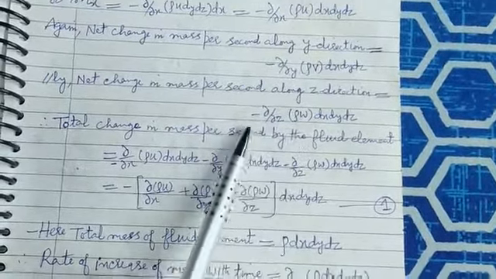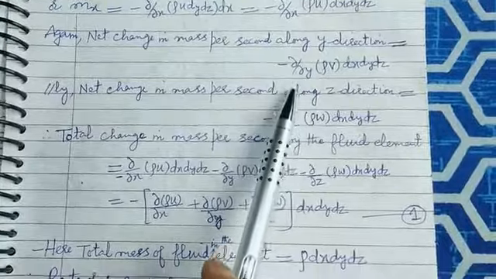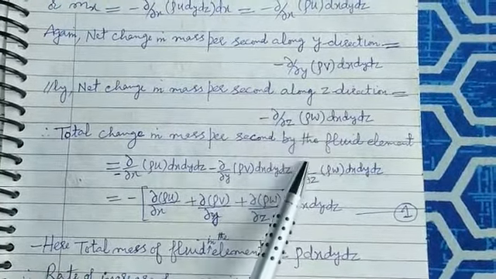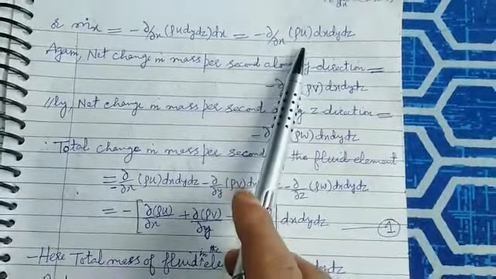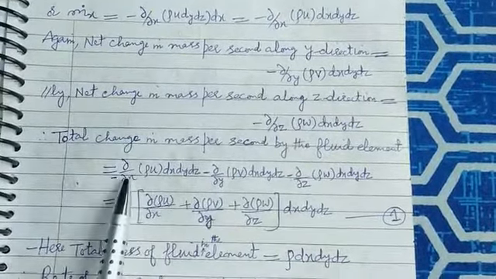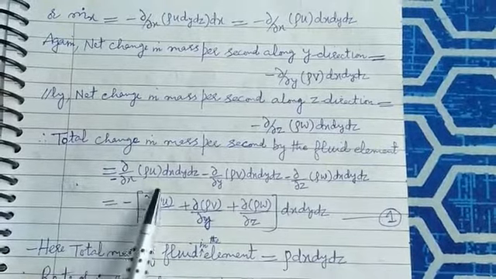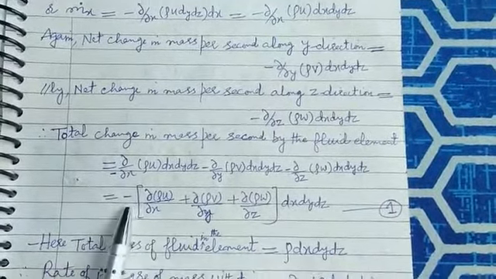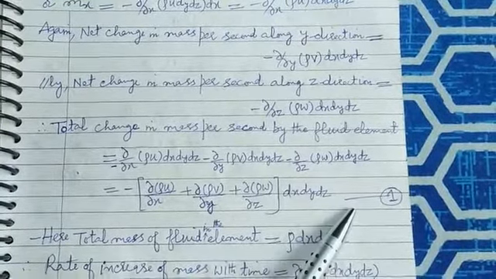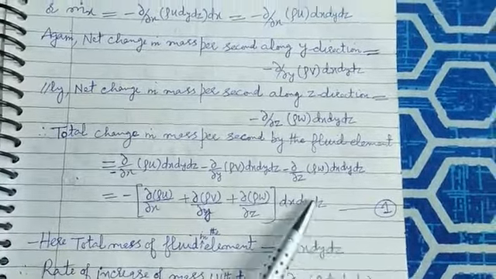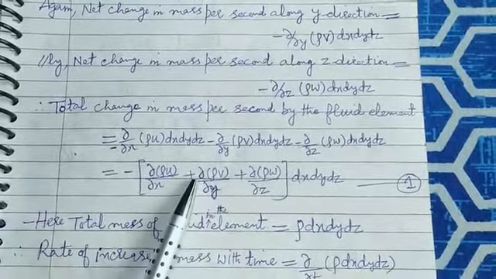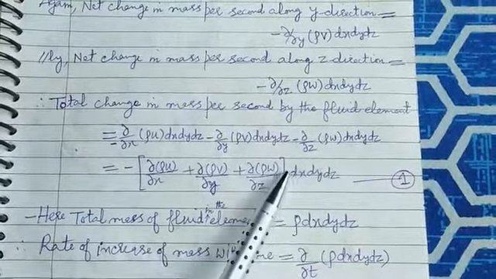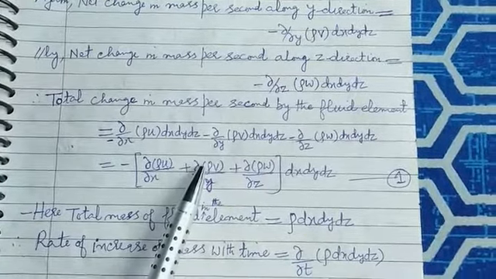So adding these three terms, that is minus dou by dou x of rho u into dx dy dz and so on, we take dx dy dz common and also take minus common. Let us represent this as equation 1. This gives you the total change in mass per second by the fluid element along the three respective coordinate directions.